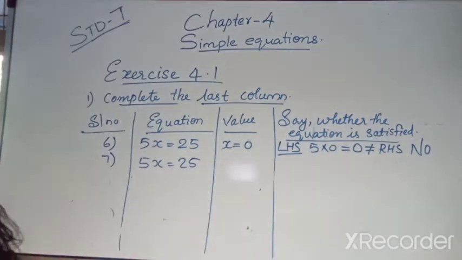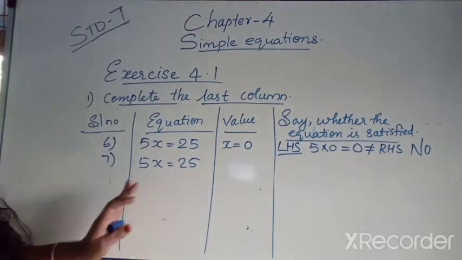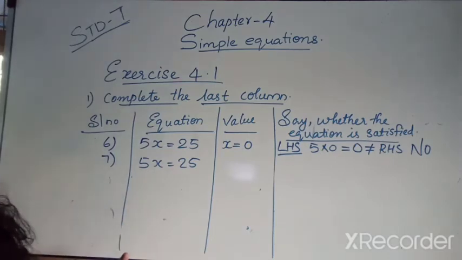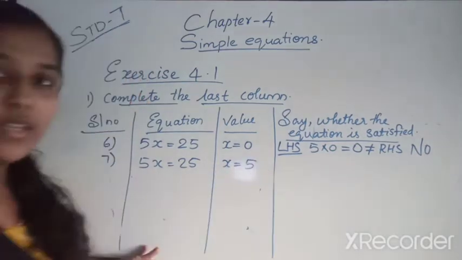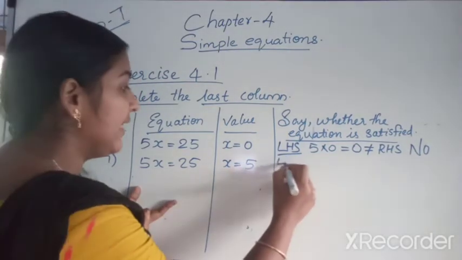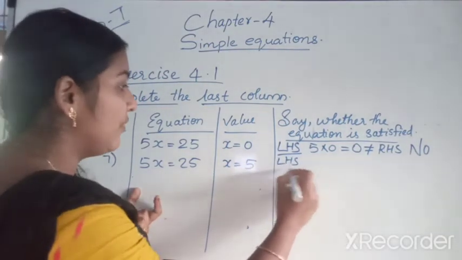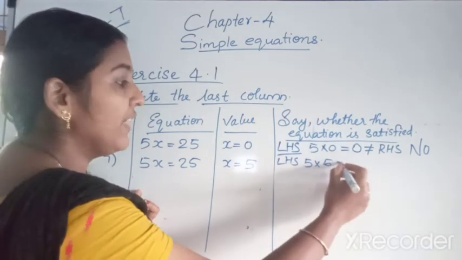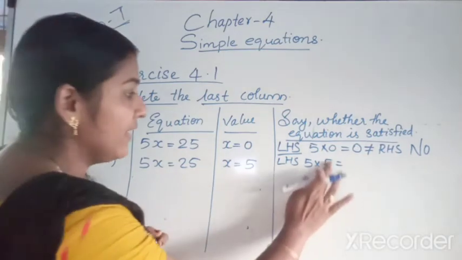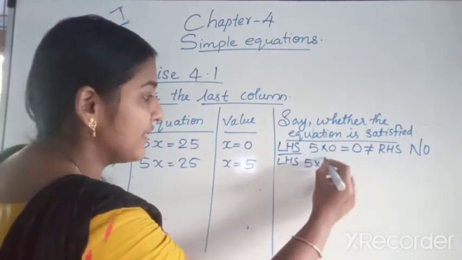5x is equal to 25 and x is equal to 5. Now look here, we can write LHS is equal to 5 into the value of x, which is 5. So 5 into 5 is 25, isn't it? 5 5s are 25.